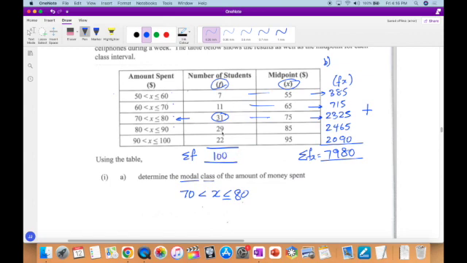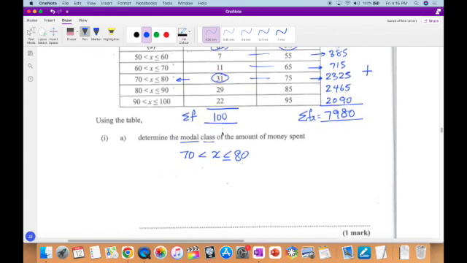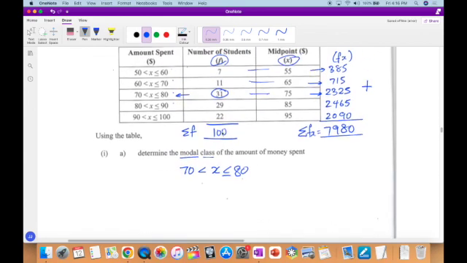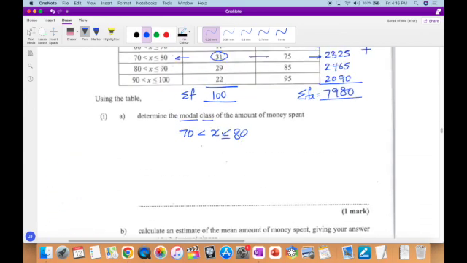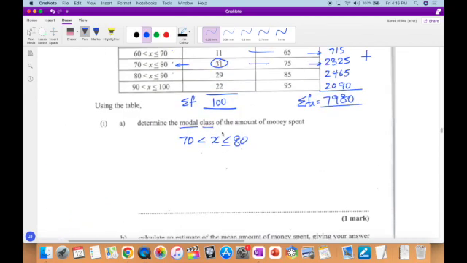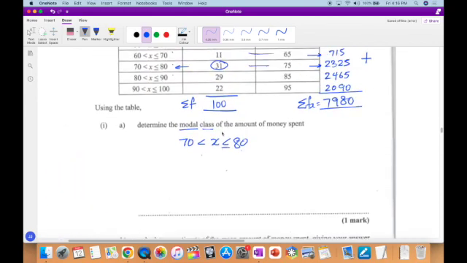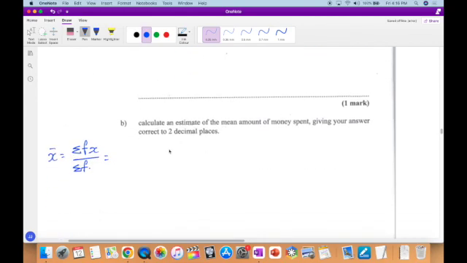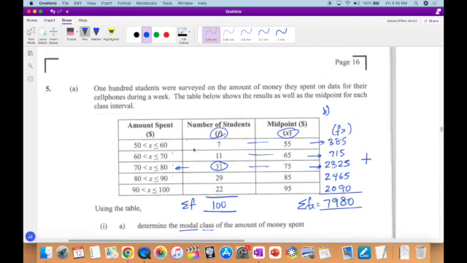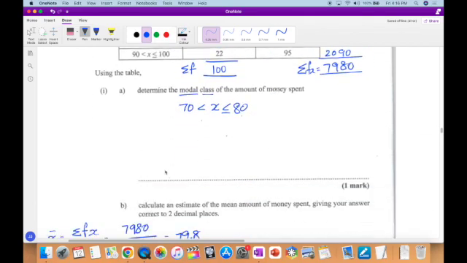So you can see that is 100 students total that we are dealing with here, right? And so now we have the summation of fx over the summation of f, which is 7980 divided by 100, which will give us about 79.8, and that is the mean amount of money spent.